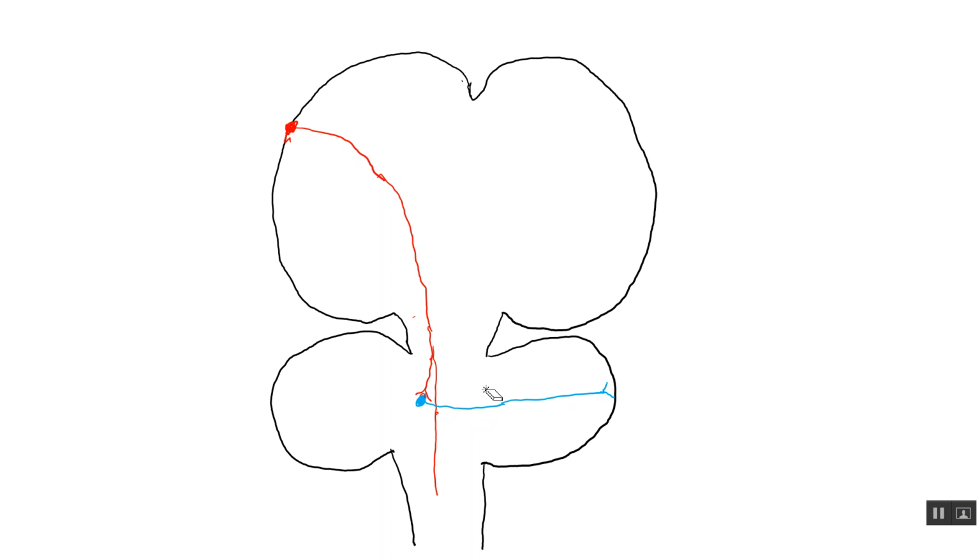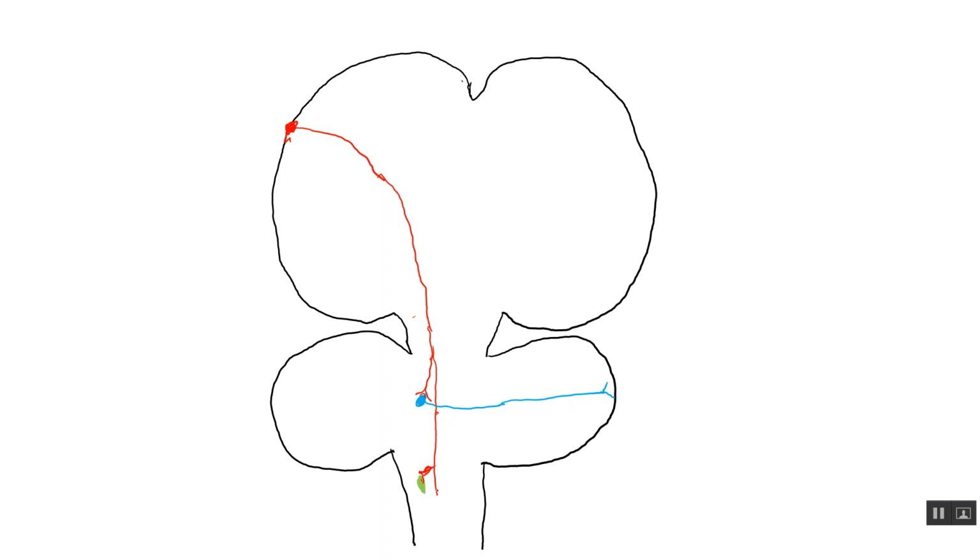We also have, let's do green here. Down in the medulla, we have the inferior olivary nucleus down here, right? It also receives a copy of the motor signal that you're going to be sending.